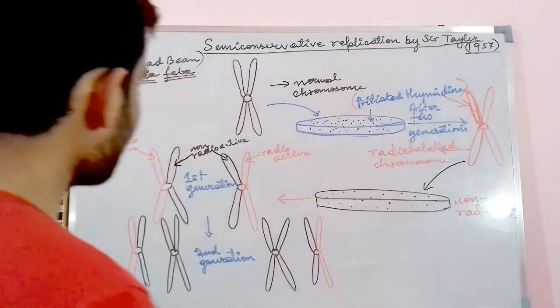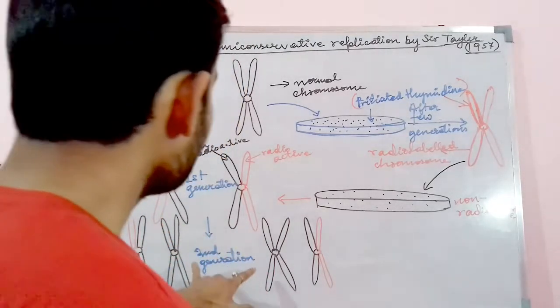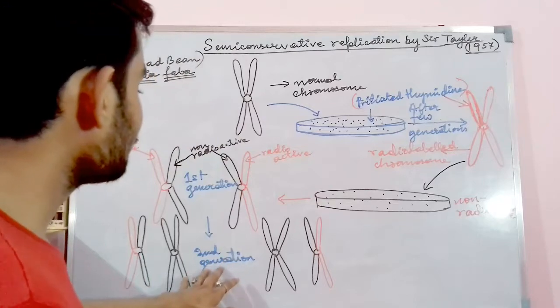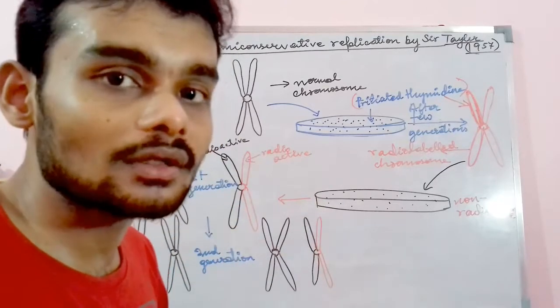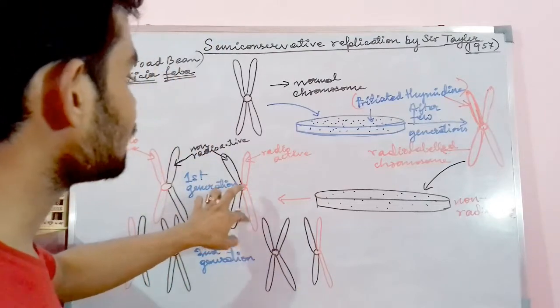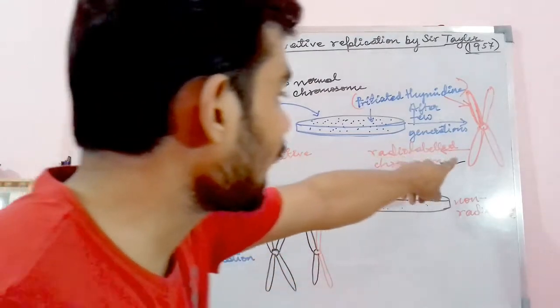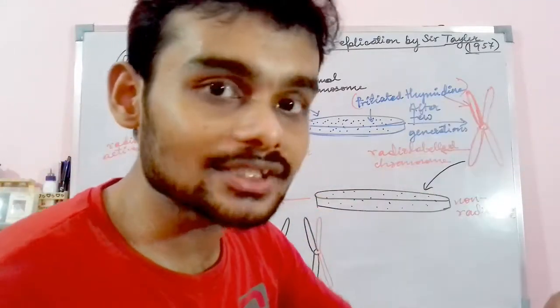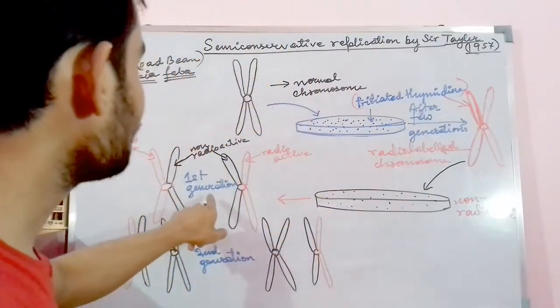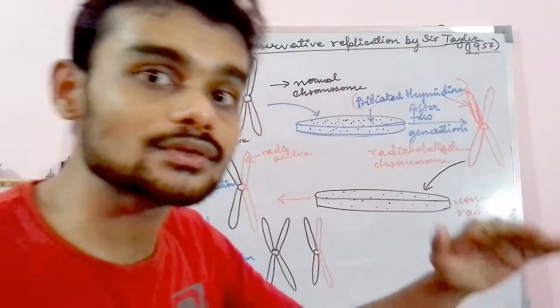Now, in this case, what happened in the second generation? We have also seen that in the first generation there was an equal concentration of radioactivity, that is, the entire chromosome, both arms, were radioactive, highly showing radioactivity. And in the first generation, the radioactivity was reduced to half.